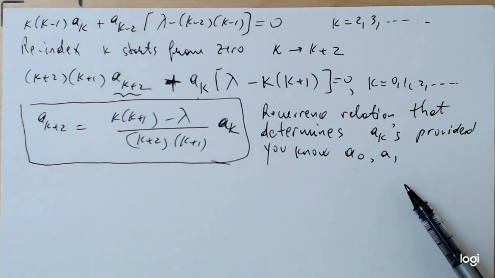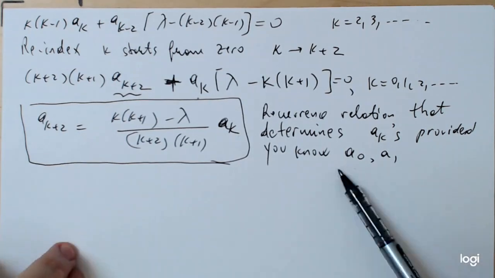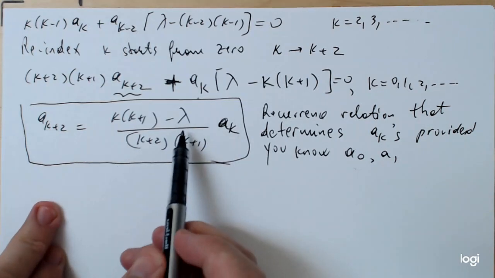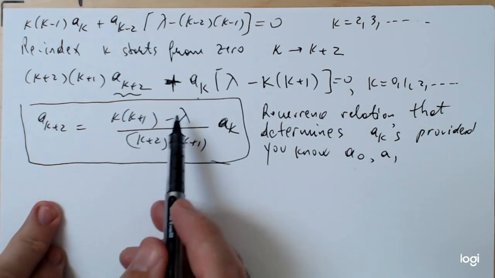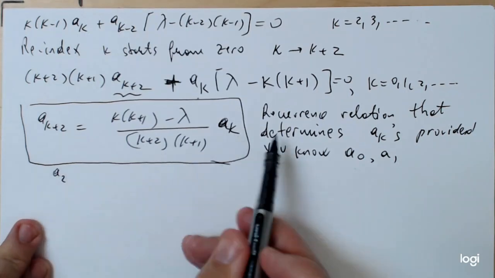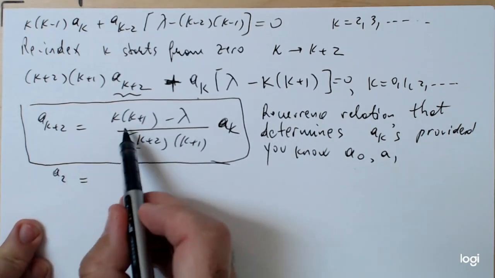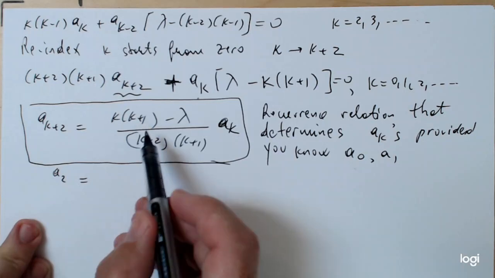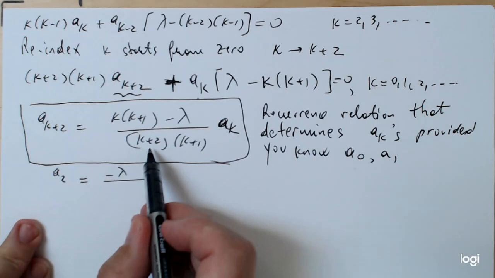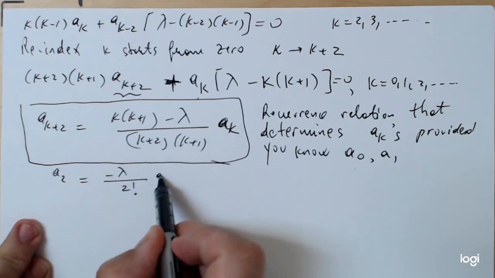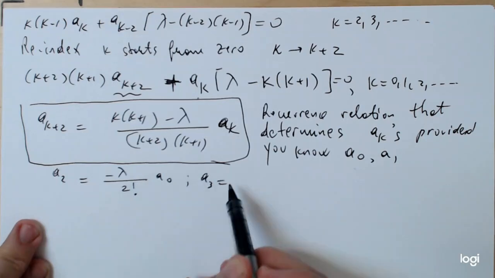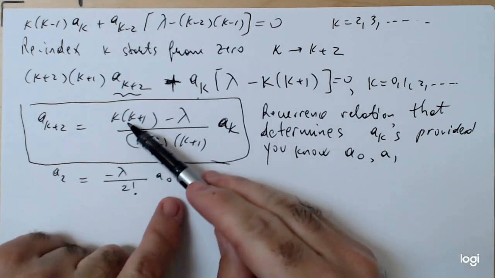So first of all, let's write a couple of terms in this recursion so that people understand how these terms look when you plug in some numbers. For instance, a_2, if we start with k equals 0, will be minus lambda over 2 factorial, because it's 2 times 1, times a_0. Then when you move to a_3, that means k is equal to 1.